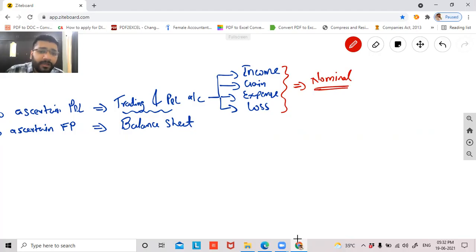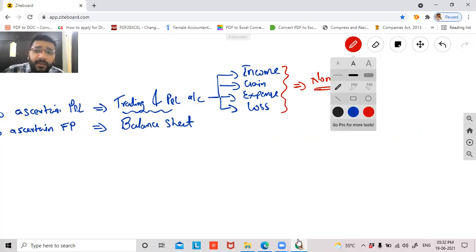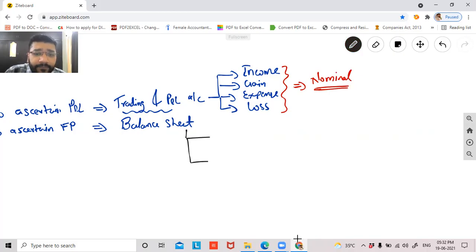Now coming to balance sheet. From balance sheet's point of view, guys, which two categories are recorded here? Assets and liabilities. Now to record assets, which rule will you look up to?